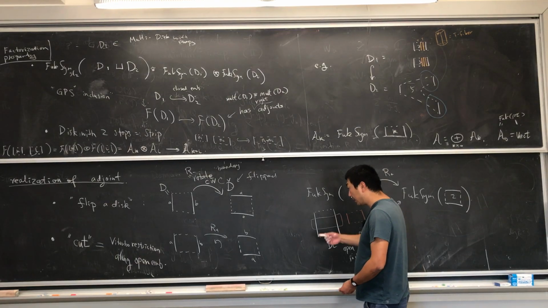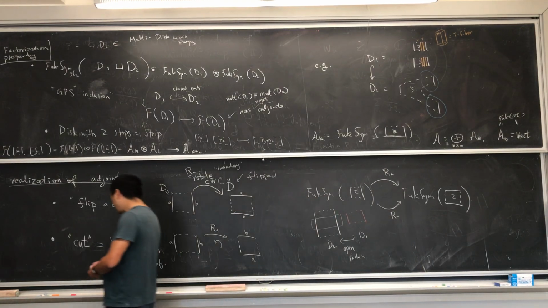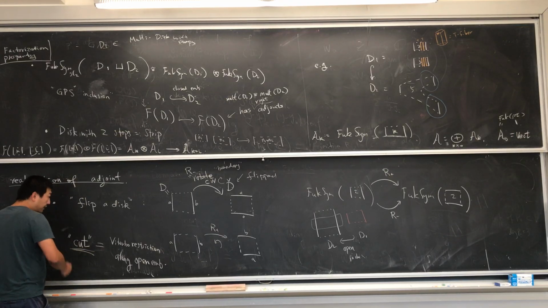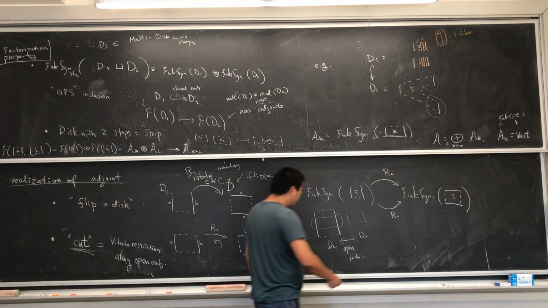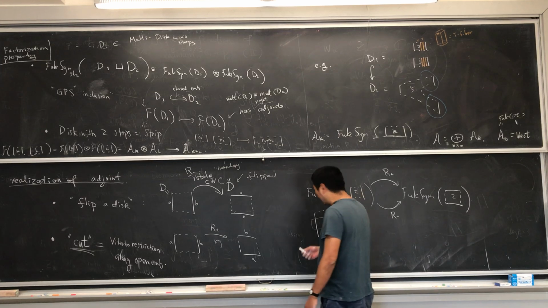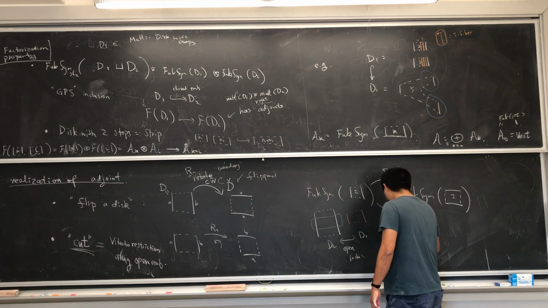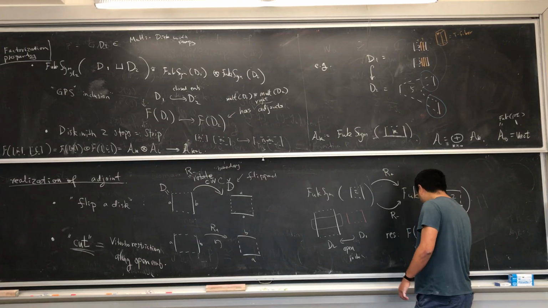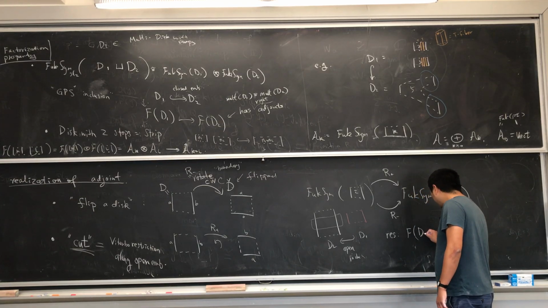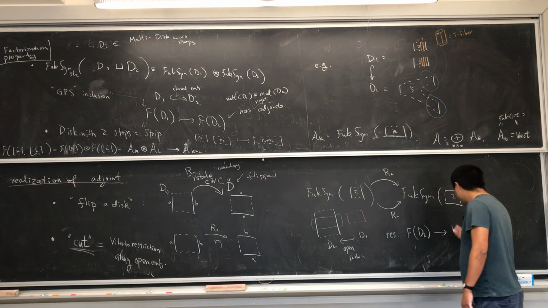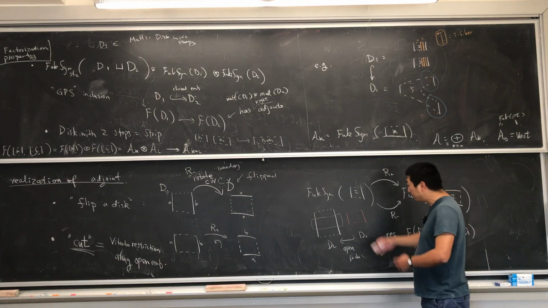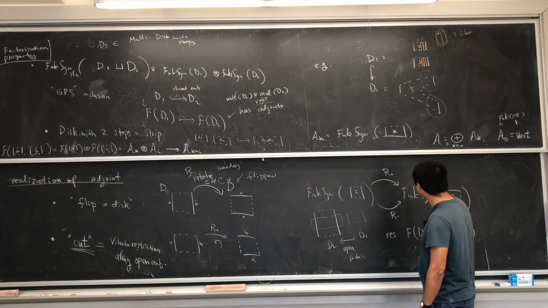And there's an operation called cut, or in general restriction, that tells you the Fukaya-Seidel category of D2 can restrict to that of D1. It can be more general, such restriction.